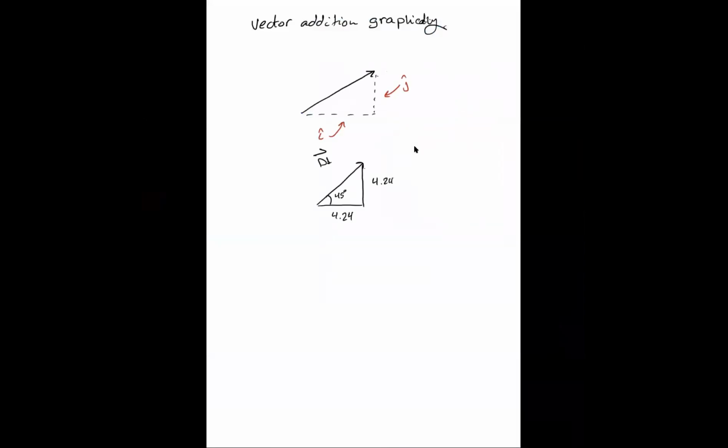And we wrote the vector D1 to be 4.24 i hat plus 4.24 j hat.